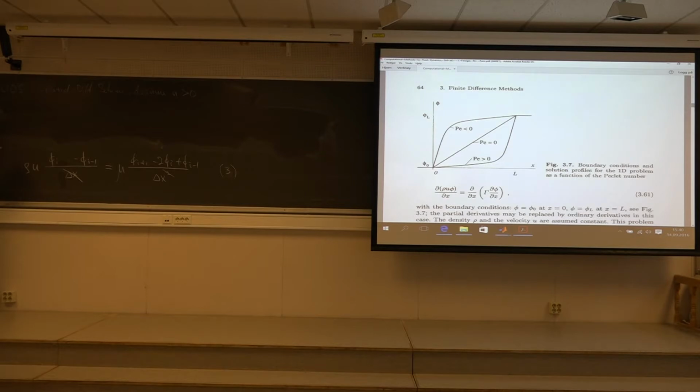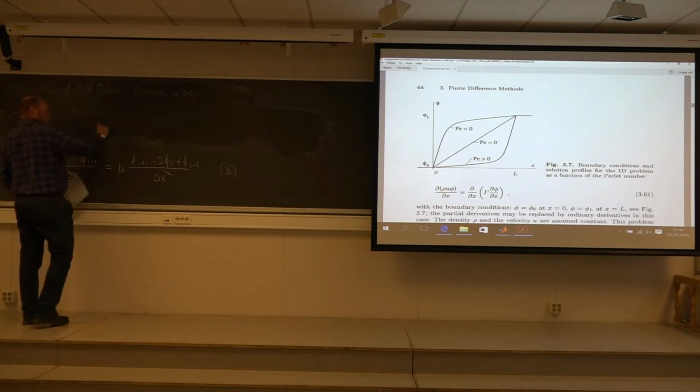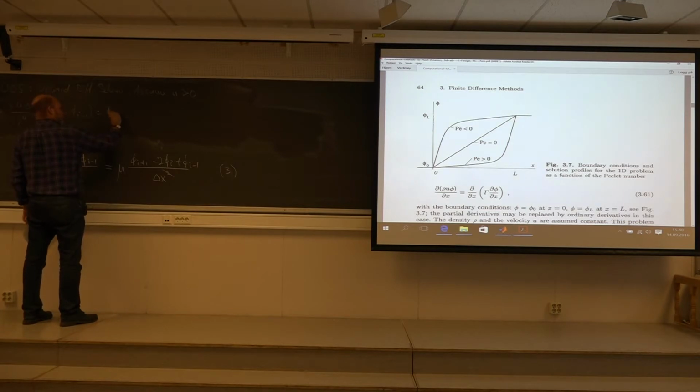We just rewrite this one a little bit. Multiply up with, well, actually delta x squared. You will have something like this with the viscosity, and here now phi i minus 1 equal, and then on the other side as before.